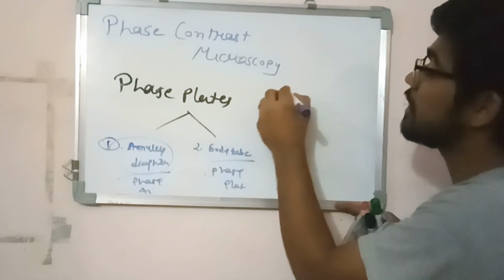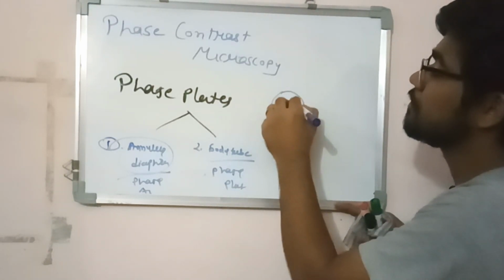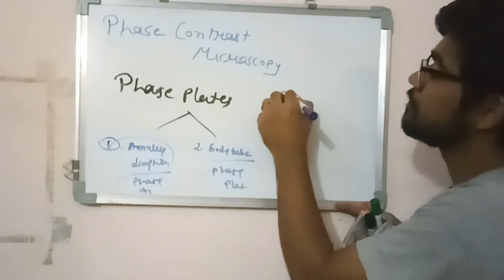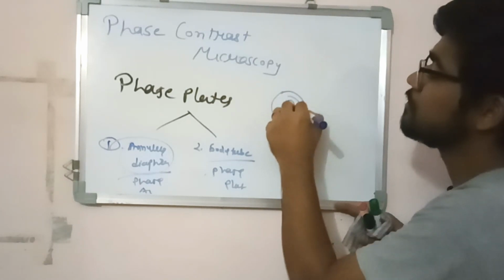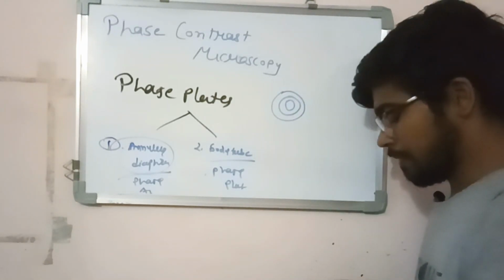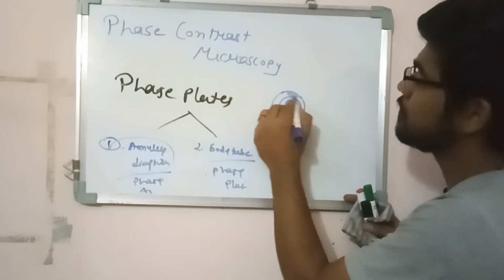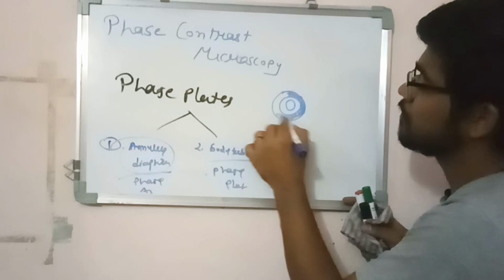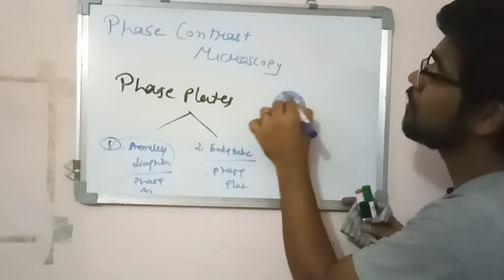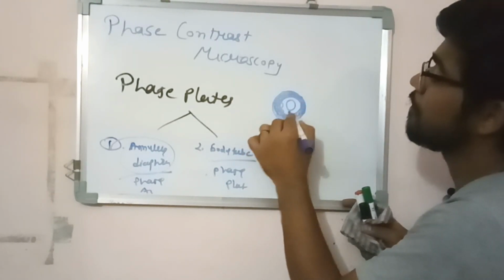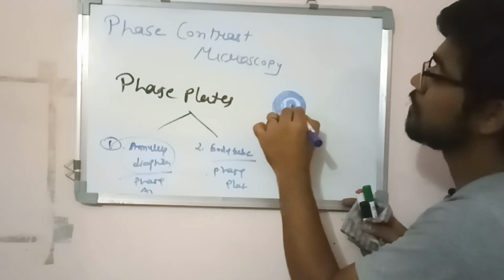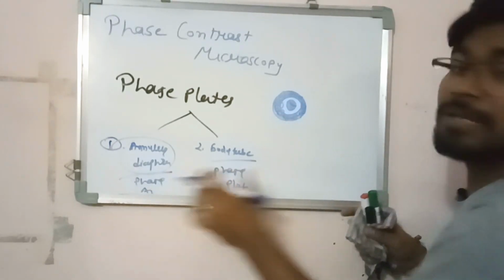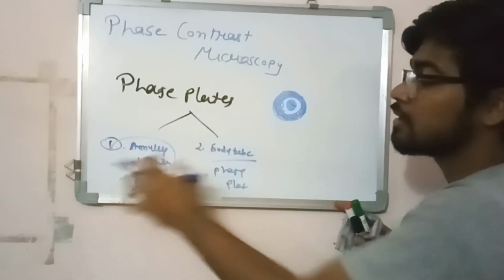Now the phase ring looks like this. This is a full opaque area, and it is placed below the condenser.